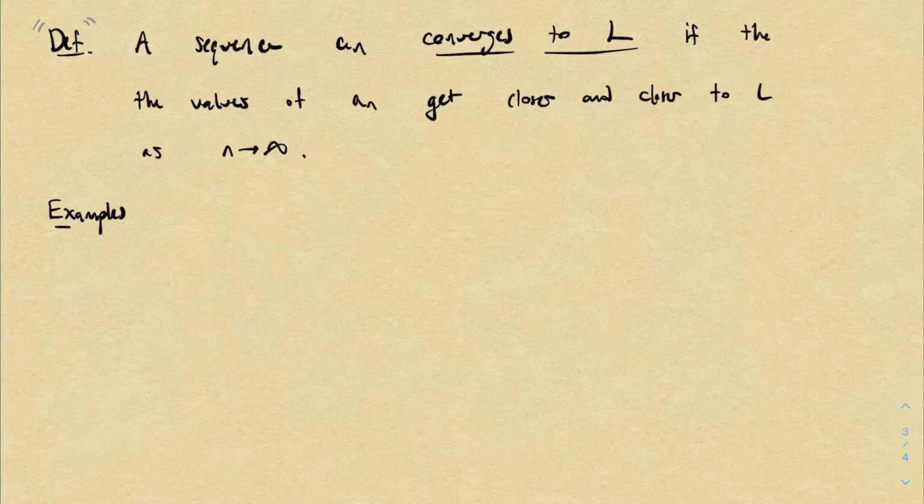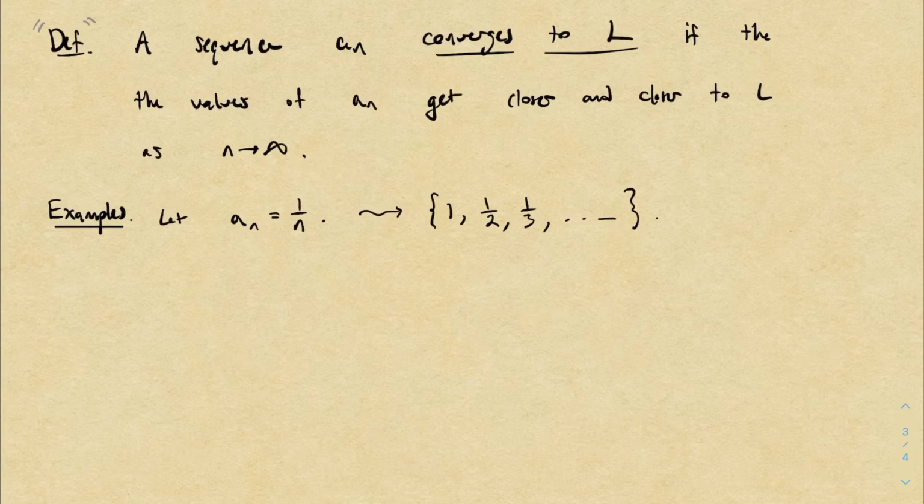So let's revisit our quick examples from a second ago, the first of which was the sequence 1 over n. This list of numbers was 1, 1/2, 1/3, and so on. And if I drew those on a picture, they would look sort of like this. Now, if you look at the list, each number is smaller than the number before it, and the denominator is just going to keep getting bigger and bigger, we'll have 1 over huge numbers.